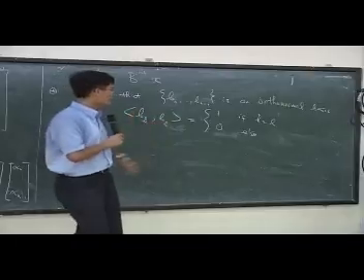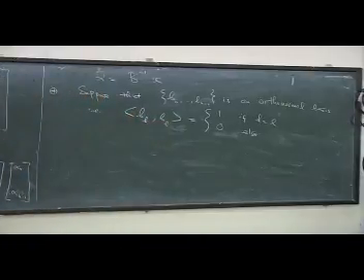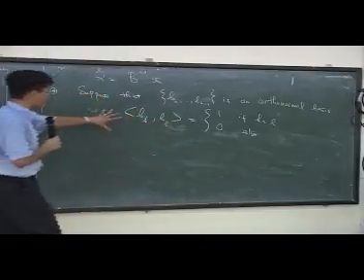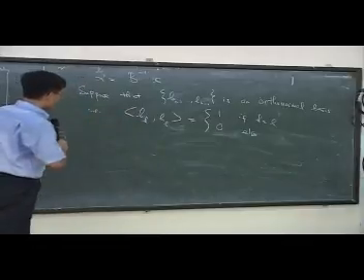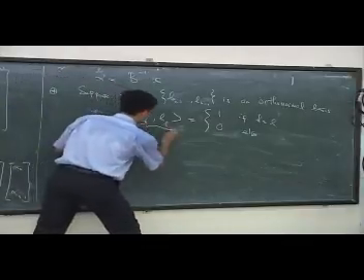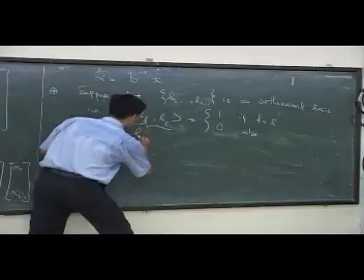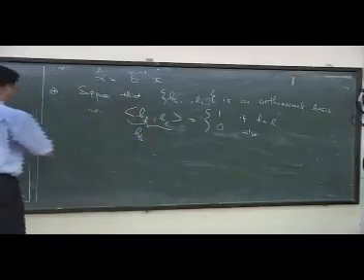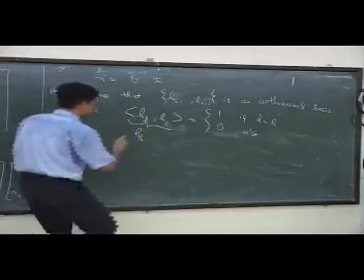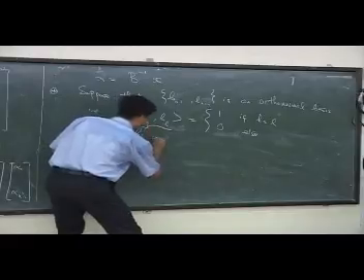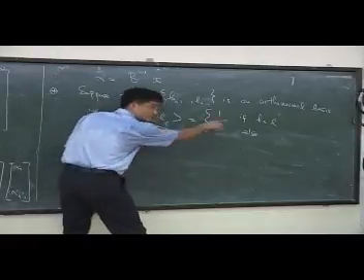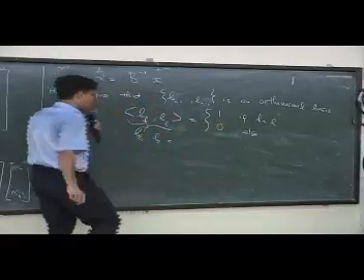So what is nice about this basis? I'm going to do the real vector space now for simplicity. The inner product is really just the transpose, bk transpose times bl, right? Because that's our inner product.